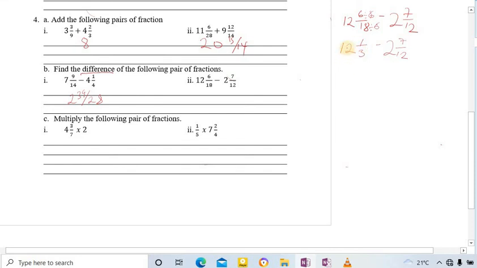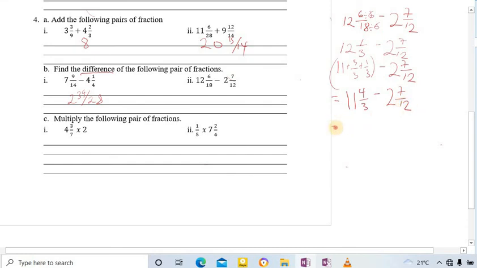That would mean taking one of the wholes from 12 to this place. So that would be left with 11 plus 3 over 3 plus 1 over 3, all of this minus 2 whole number 7 over 12. It will be equal to 11 whole number 4 over 3 minus 2 whole number 7 all over 12.